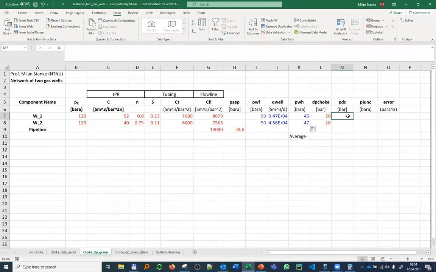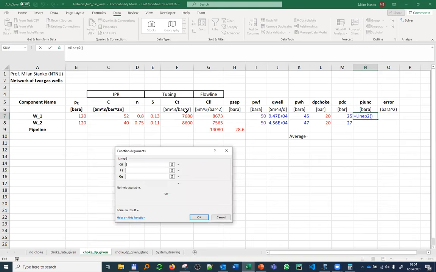Okay, so now I will say that this D is this number minus this number, 25. And then I can move further to the junction, which is line P2. Because I have the pressure at the downstream of the choke entering this flow line, and I want the pressure at the junction, which is at the outlet of this pipe.